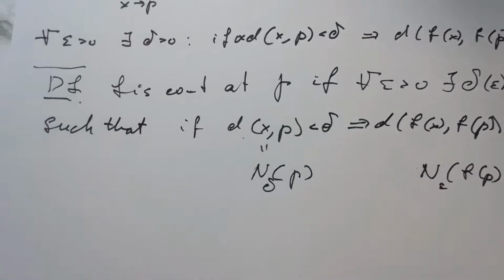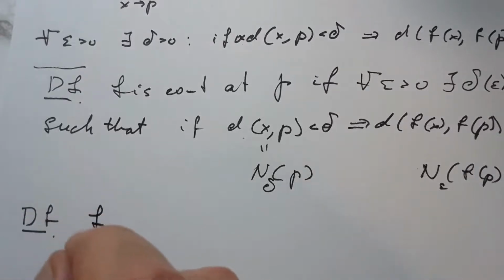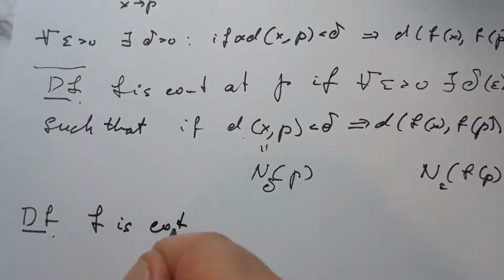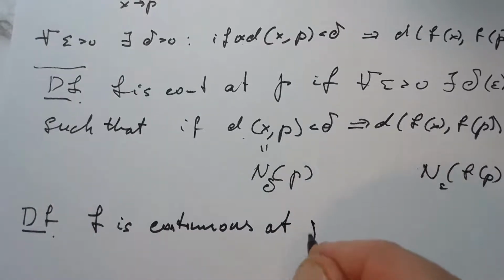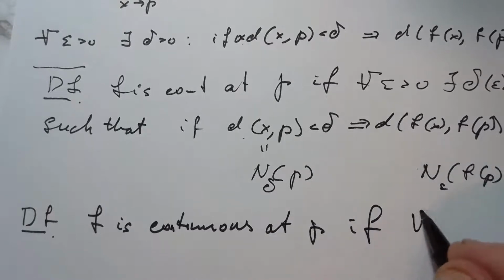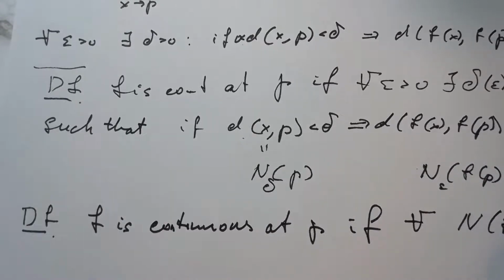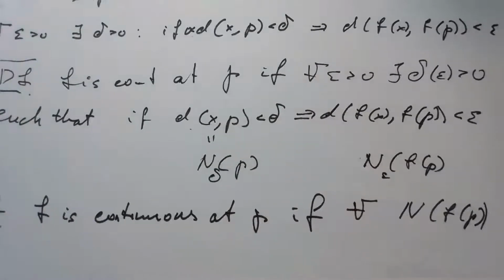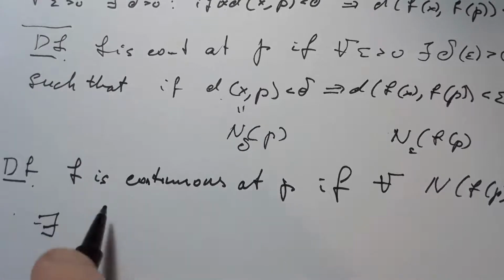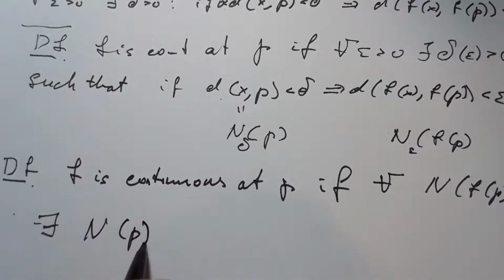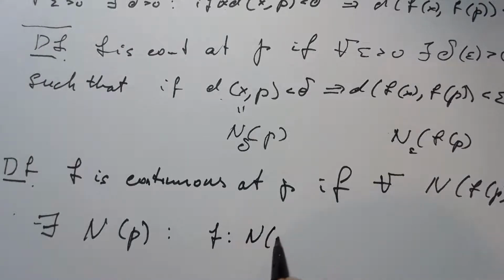And so this alternative definition says that f is continuous at P if for every neighborhood of f of P, there exists a neighborhood of P such that f maps this neighborhood of P into the neighborhood of f of P.